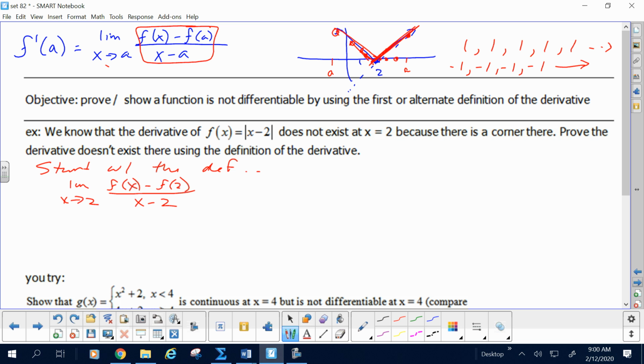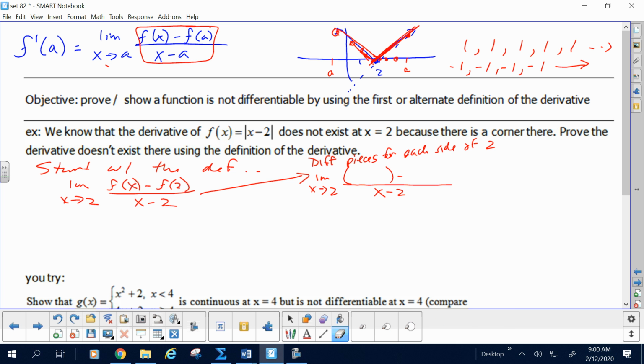Break it into different pieces for each side of 2. What is the function for the left of 2?